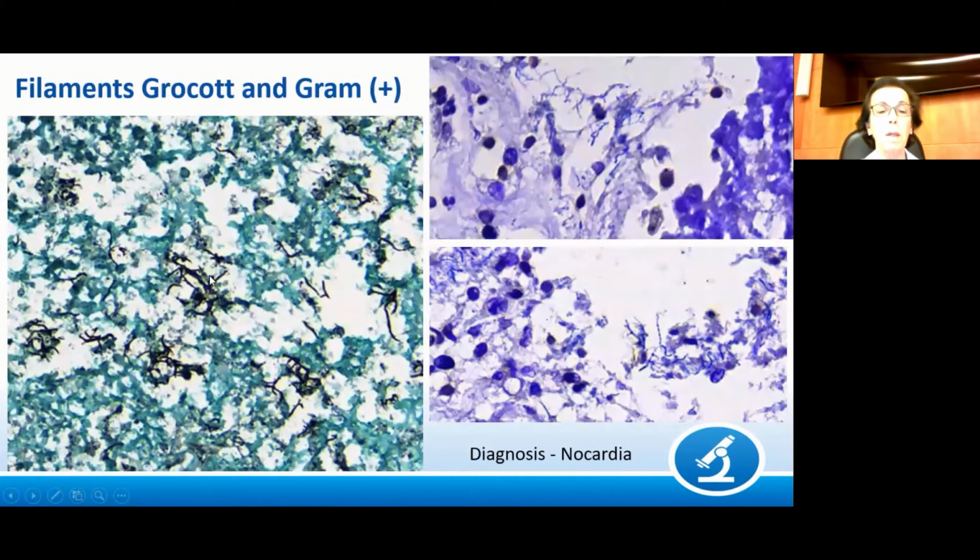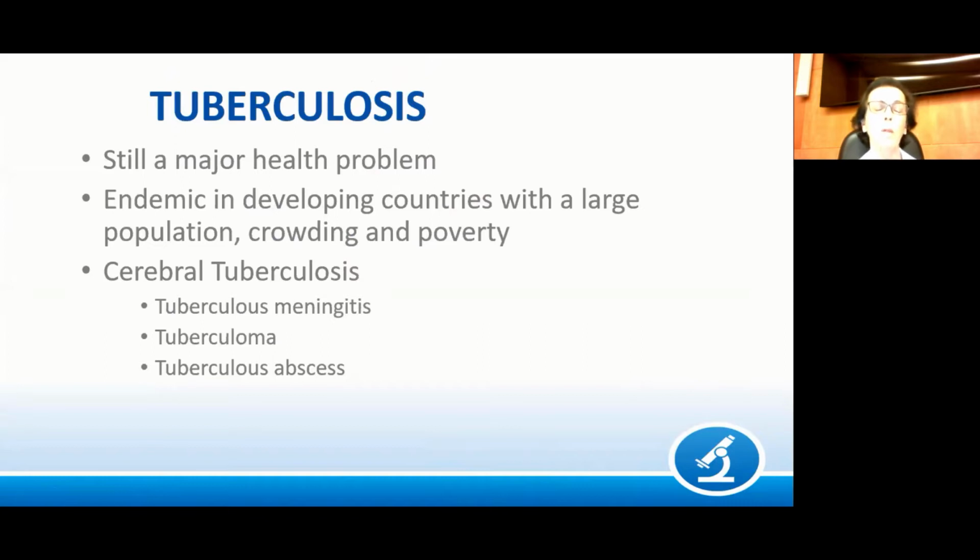They were filaments like this, and also positive with Gram, but they were filaments. So the appearances are those of Nocardia, and I saw just these two cases in the last 2 years.